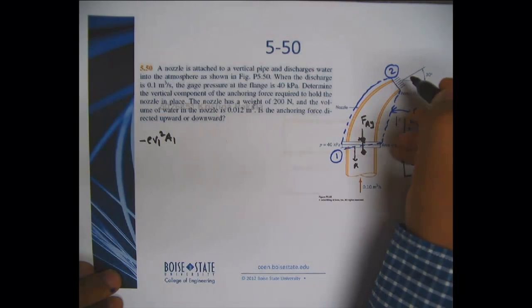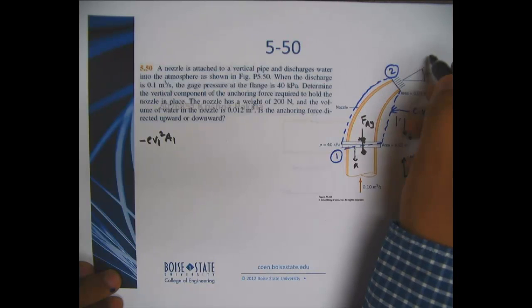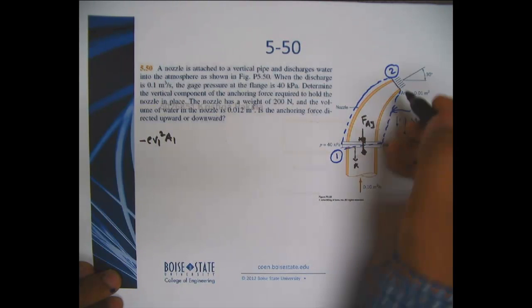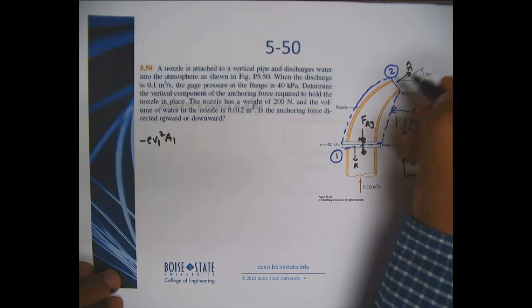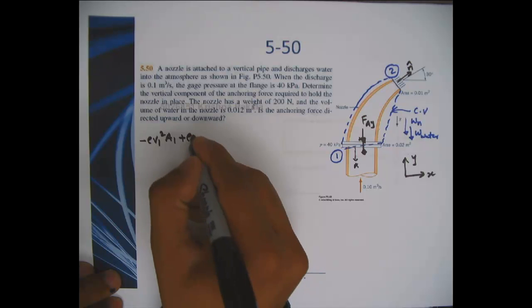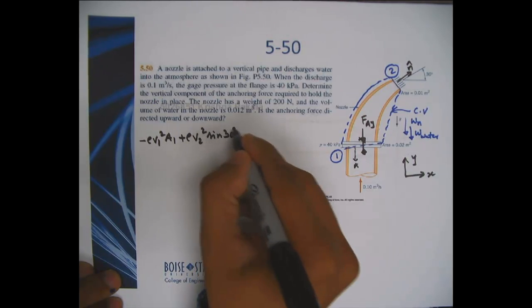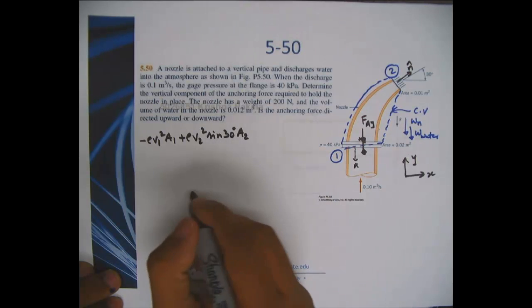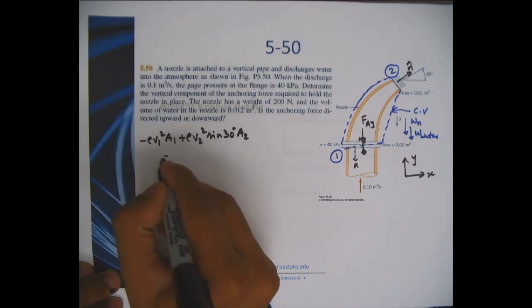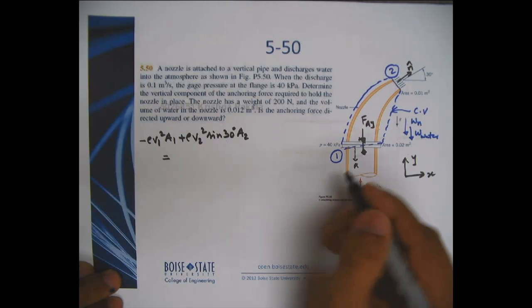And then here you want to determine the y component of this flow field. Here your normal is pointing in the same direction as your velocity vector, so this would be a positive rho v2 square sine 30 a2, which will be equal to the sum of forces acting externally on this control volume.